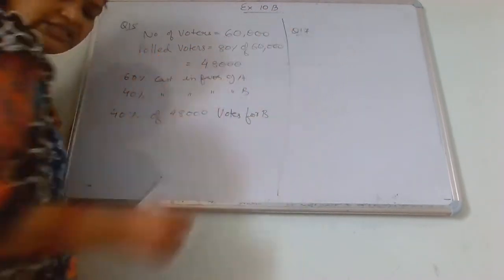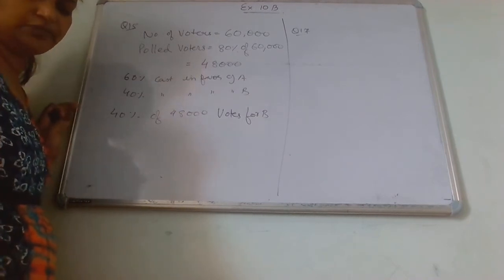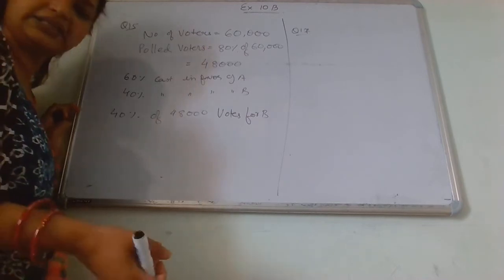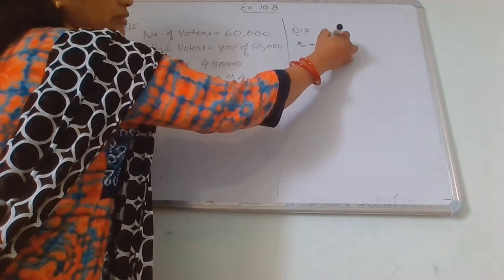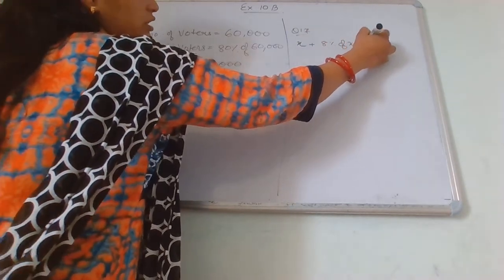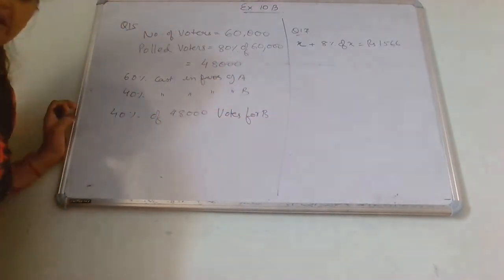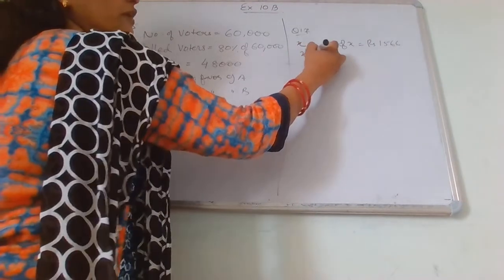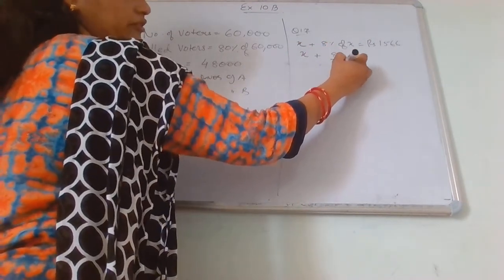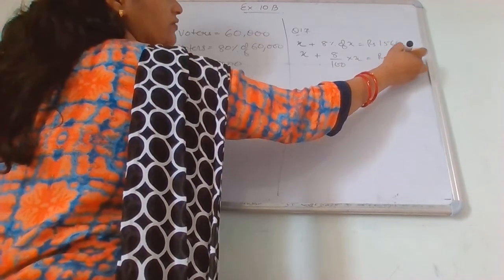Now question number 17. Question number 17 says, the price of a sweater is increased by 8%. If the increased price is 1566, find the original price. So let the original price be X. So X plus 8% of X is equal to the new price, that is 1566. How will you solve? X plus 8 by 100 into X is equal to rupees 1566.